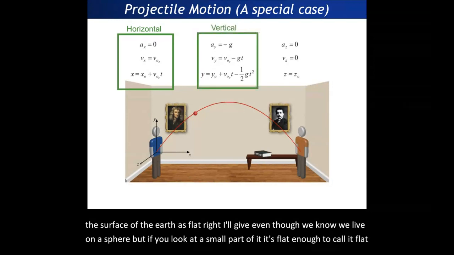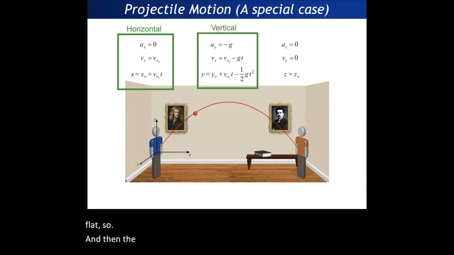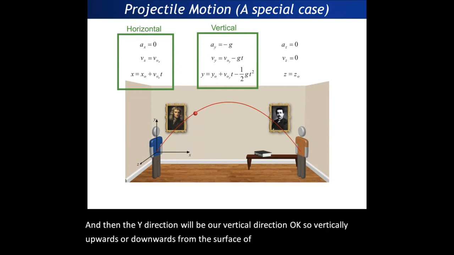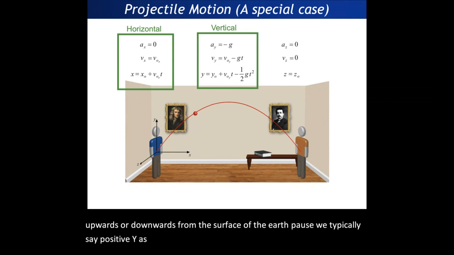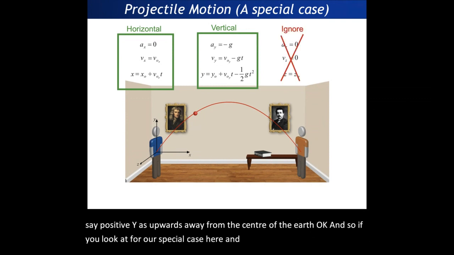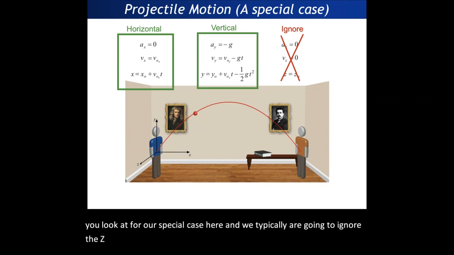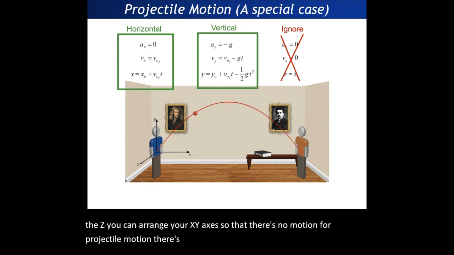The y direction will be our vertical direction, vertically upwards or downwards from the surface of the Earth. We typically say positive y is upwards, away from the center of the Earth. For our special case here, we typically ignore the z, since you can arrange your x and y axes so that there's no motion in the z direction.